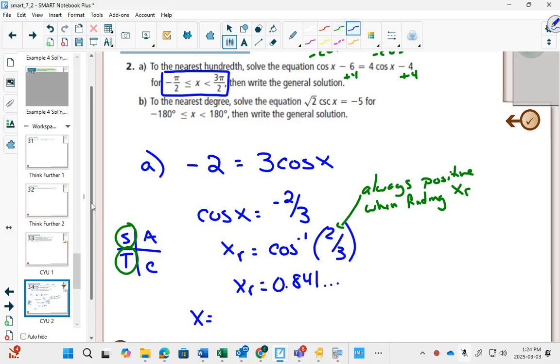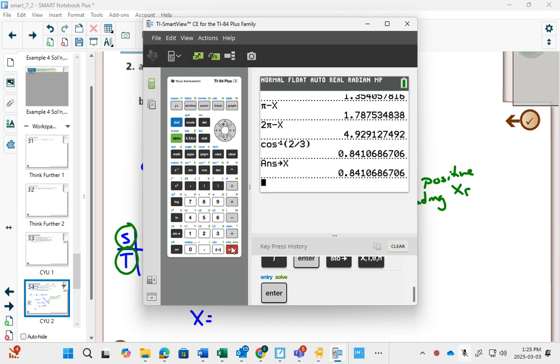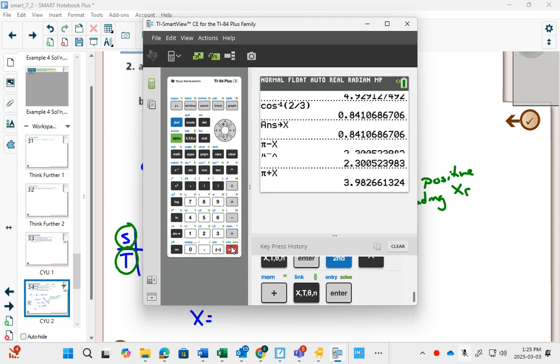In quadrant 2, I would take my reference angle and go pi minus my reference angle. So what I'm going to do right now is hit my store button and store my reference angle as x so I can use it more than once. I want to do pi minus my reference angle for quadrant 2, and then pi plus my reference angle for quadrant 3.